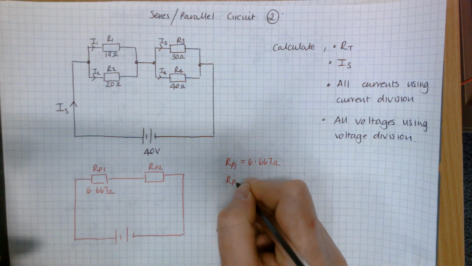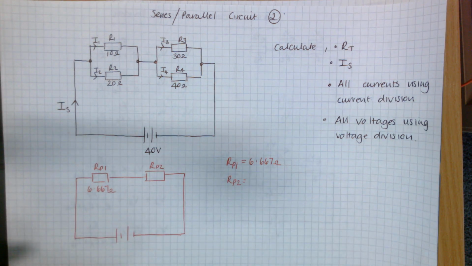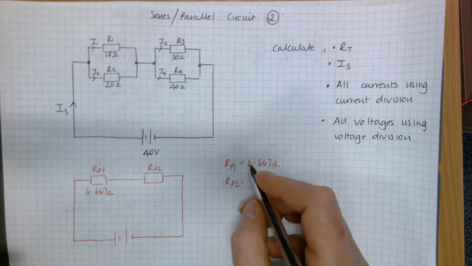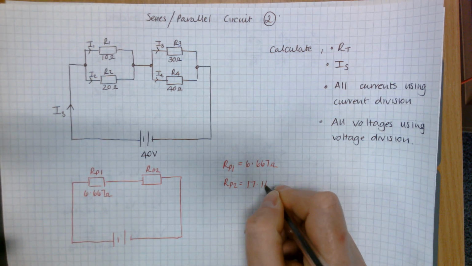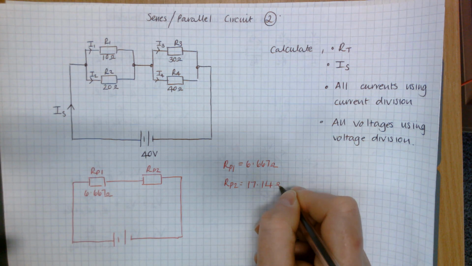And your RP2, again using your product over your sum, or 1 over R3 plus 1 over R4, takes you to 17.14 to 4 significant figures.